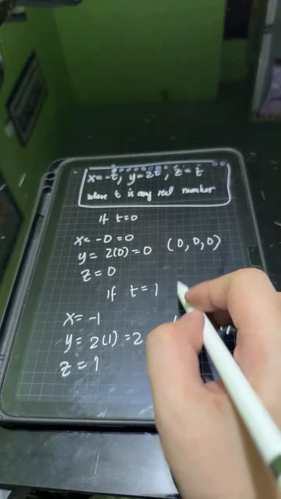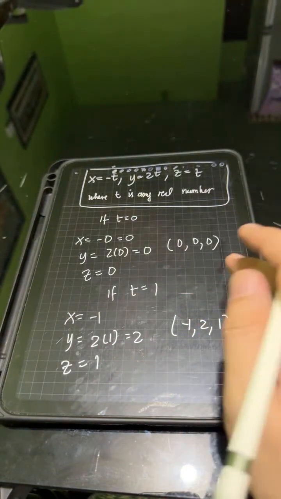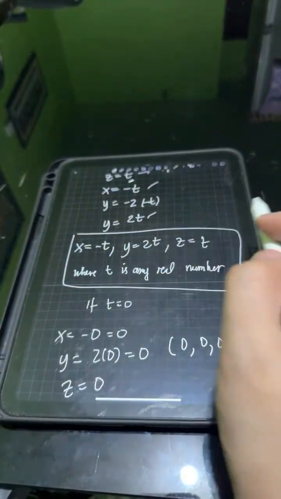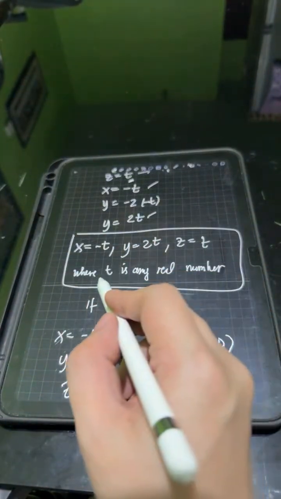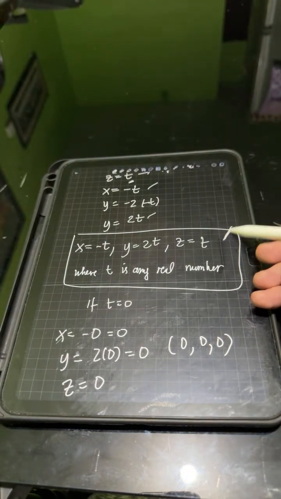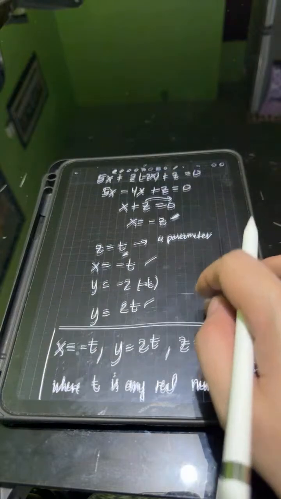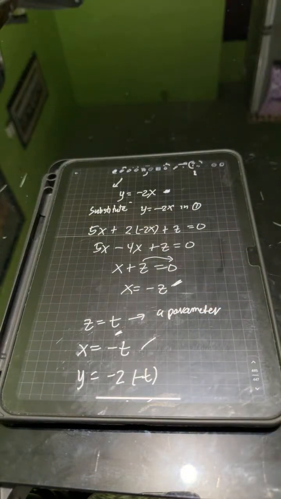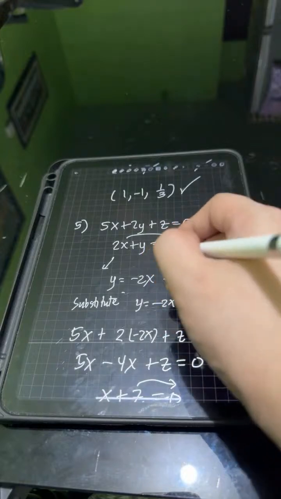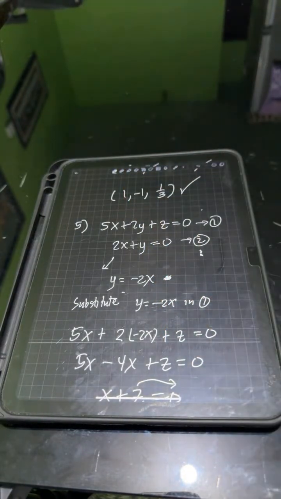You can set another value of t, let's say 2, 3, 4, 5, and so on. So you will have another set of values for the solution. That's why we have infinitely many solutions, and the solution set can be written in this parametric form. So if you have a system of linear equations whose number of equations is less than the number of unknowns, such as this problem, you can expect infinitely many solutions.